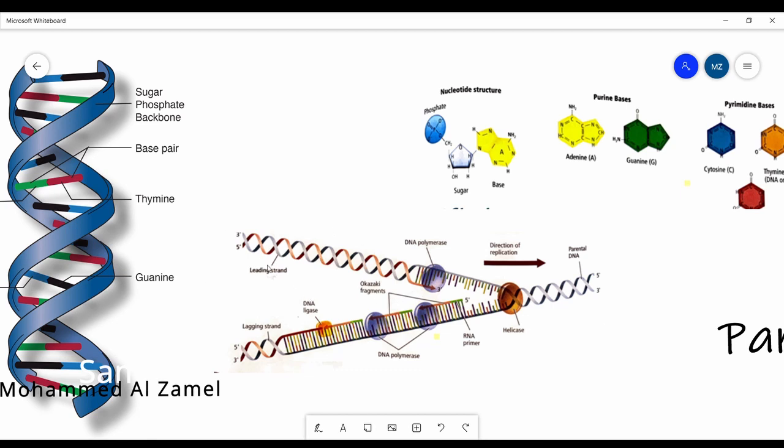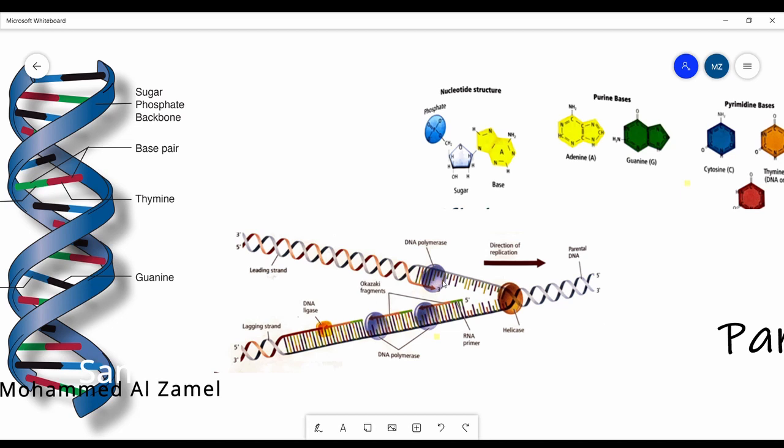As you can see here, we have two types of strands. We have the leading strand and the lagging strand. The leading strand is synthesized continuously, but the lagging strand is synthesized discontinuously. Nucleotide segments are left, which are called the Okazaki fragments, which are later connected by the DNA ligase.